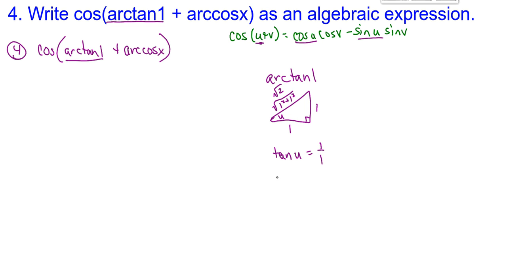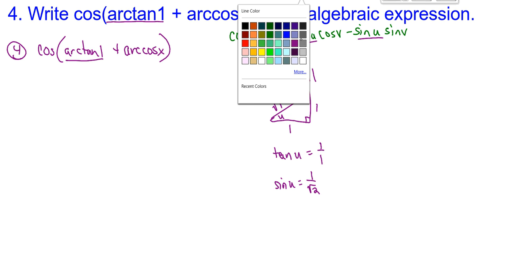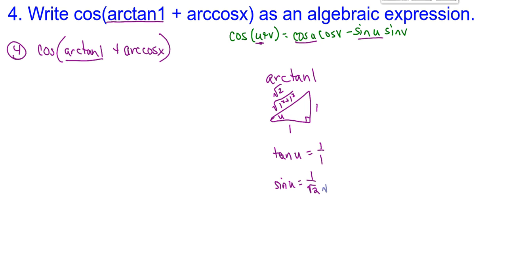Without knowing what u is, although we probably do know what u is, we can say the sine of u is 1 over the square root of 2, and then we'll rationalize that denominator by multiplying by the square root of 2 over the square root of 2, and that gives us the square root of 2 over 2. So that's what the sine of u is.